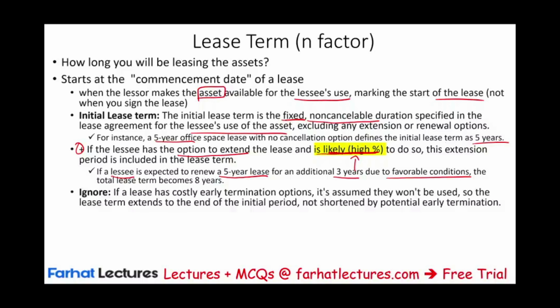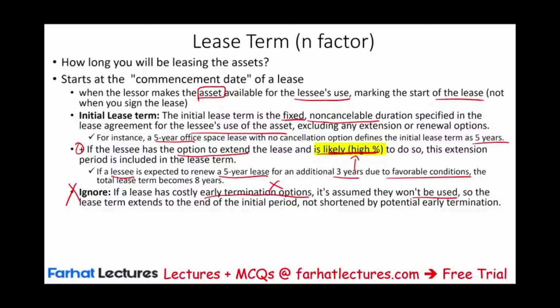You would ignore it if a lease has a costly early termination option, and we assume that it won't be used. In other words, the lessee will not break the term of the lease. If they don't, there's no worry about this early termination option, because there's a penalty, a payment. But if the lease is not going to be broken, we ignore this.